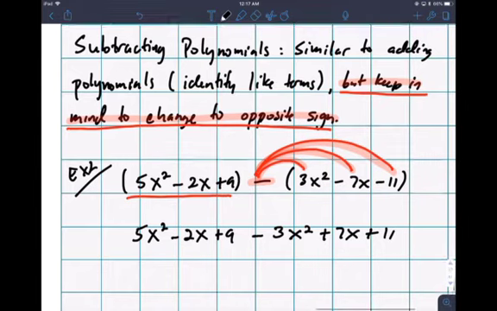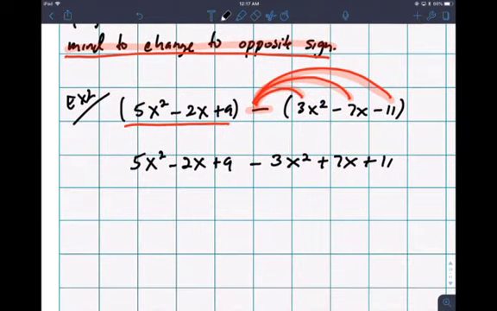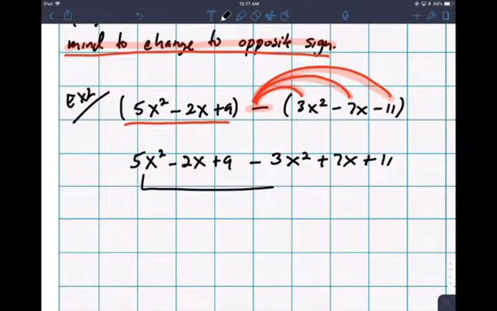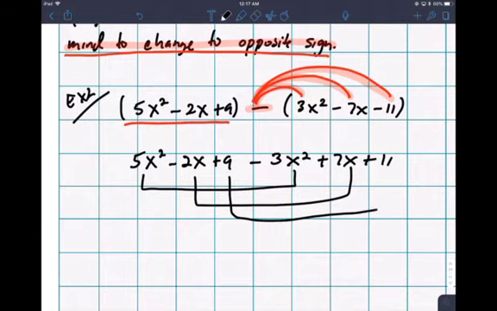And now, just like we did previously when adding polynomials, identify like terms and simply combine them.